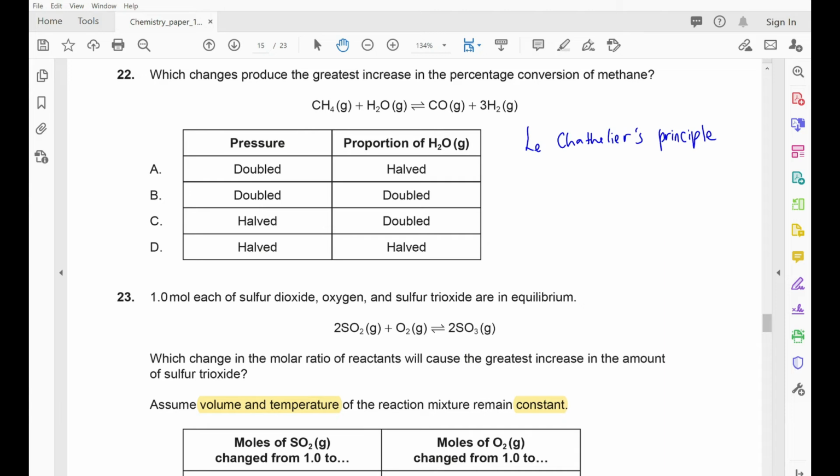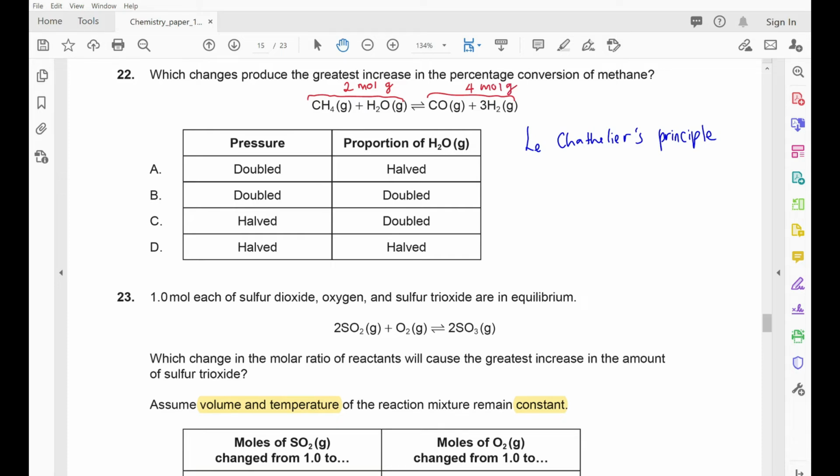Question 22. Which changes produce the greatest increase in the percentage of conversion of methane? Remember Le Chatelier's principle. On the left hand side of the equation, we have a total of 2 moles of gas, and on the right we have a total of 4 moles of gas.